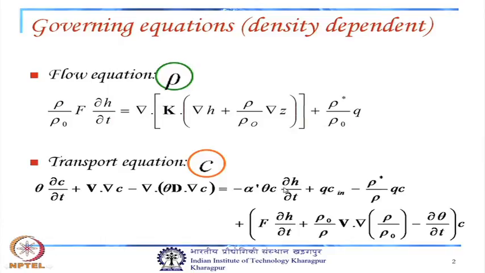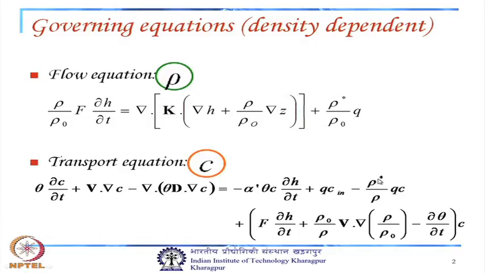This alpha prime is the modified compressibility term, theta is again moisture content, this is total head, Q is the discharge rate for source and sink, and C in is the concentration of incoming or outgoing, that means injection or extraction rate.